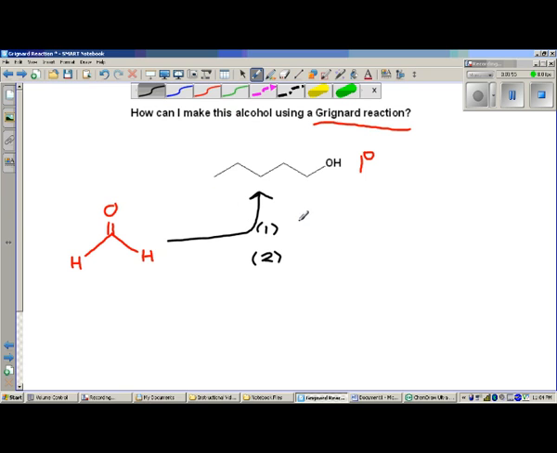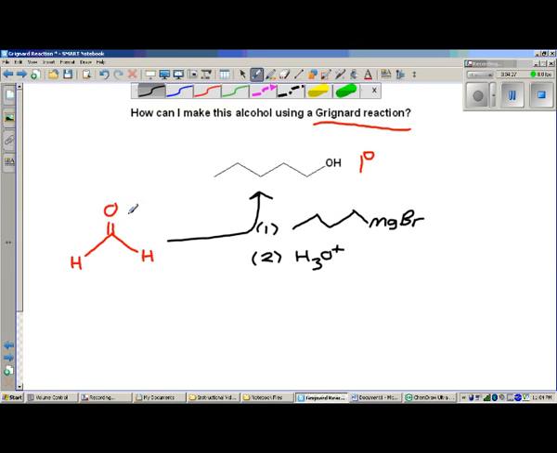So therefore, that suggests something that looks like this. 1, 2, 3, 4 carbons. 1, 2, 3, 4. The 4th one, or the first one, however you want to name it, bound to the magnesium. Okay. There is your magnesium bromide. In this case, this would be butyl magnesium bromide. If you remember, the second step in every Grignard reaction is always addition of H3O+.